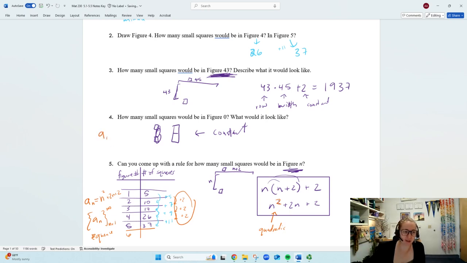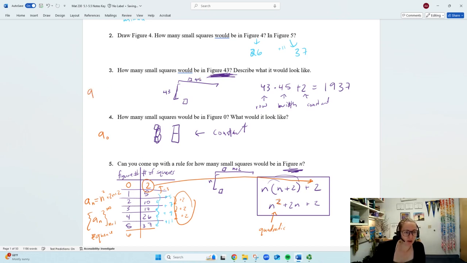So right here, this would be a sub 0. This would be our starting value. Usually our n starts at 1, but if we go back to the 0th term, here I would be subtracting 3 instead of adding 3 because I'm going backwards. That also tells us what our constant value is going to be. So our 0th term is always our constant term.